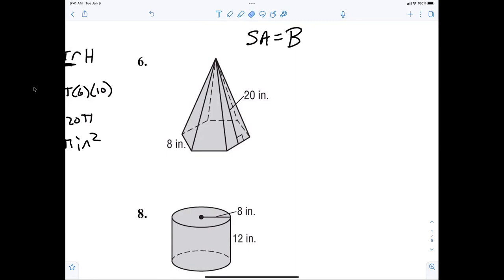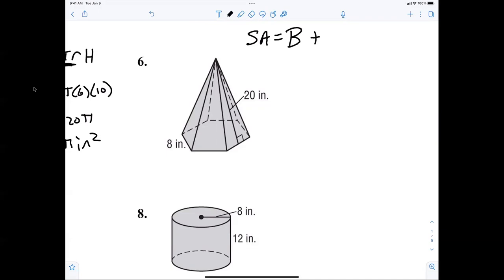Now, a pyramid is constructed of what? Triangles, right? It's constructed of triangles rather than rectangles. How many triangles are there? Well, in this case, there are 6.